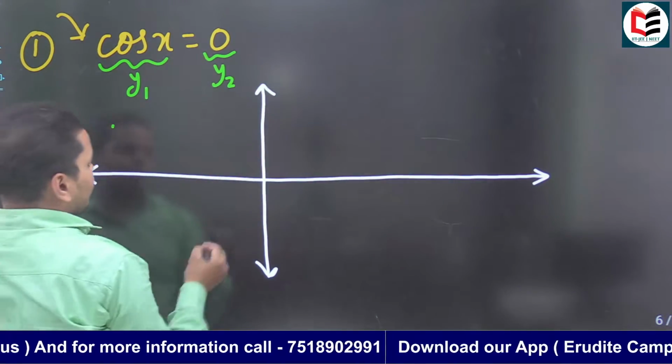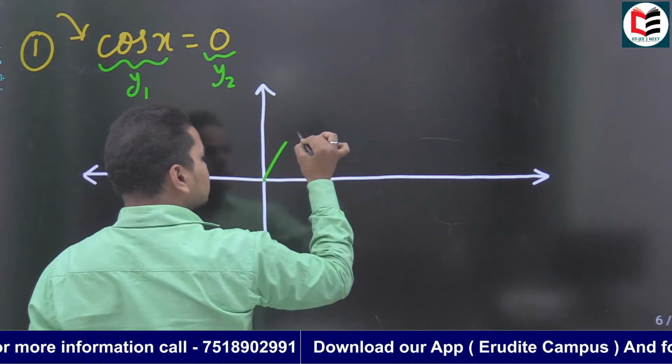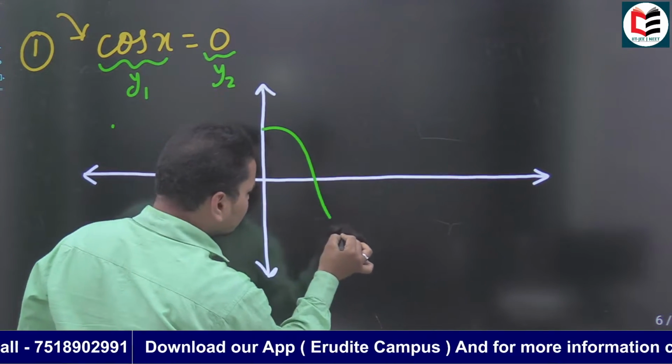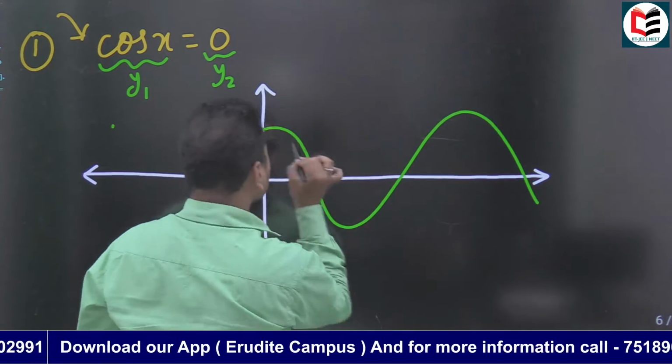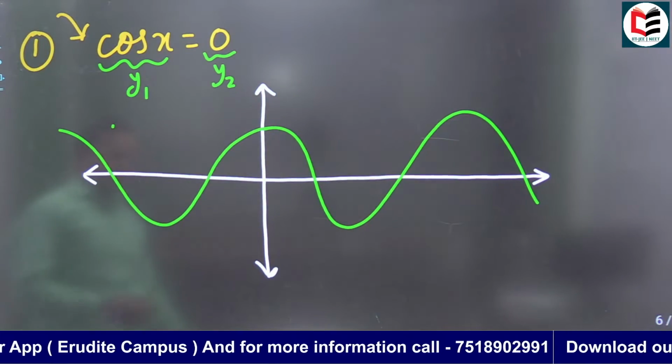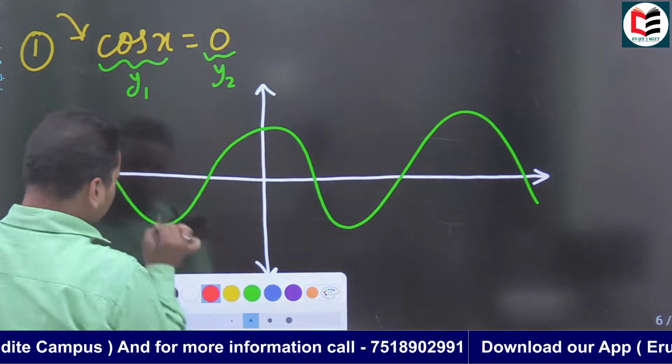Okay. Now after drawing, this is the sin x graph, and this is your cos x graph. This is drawn roughly.